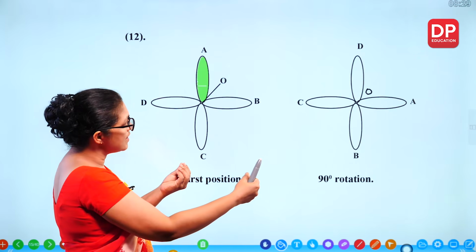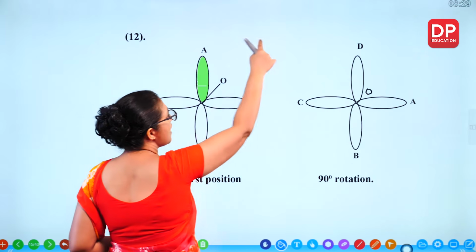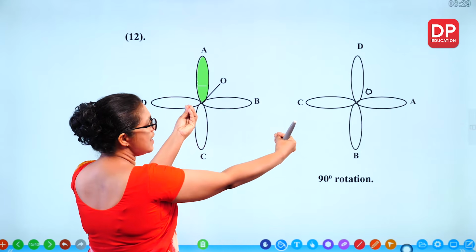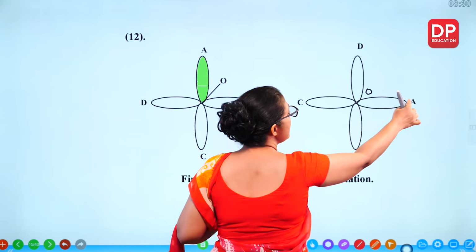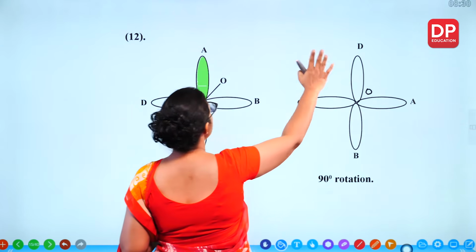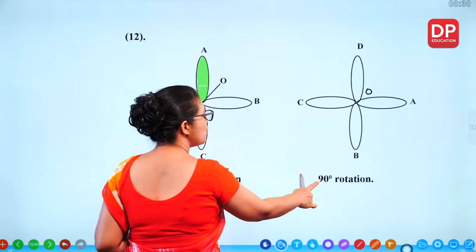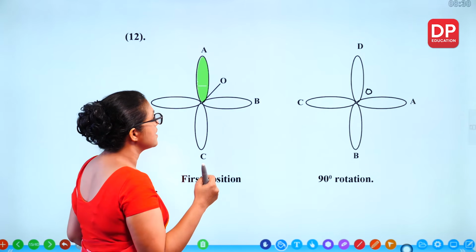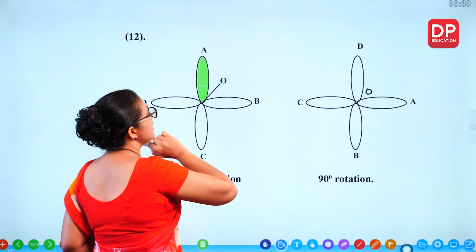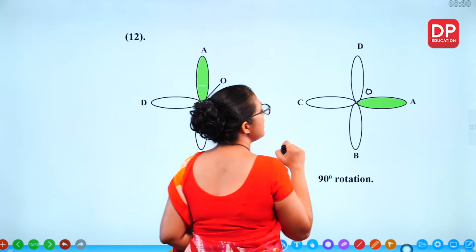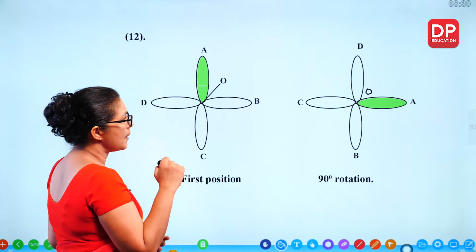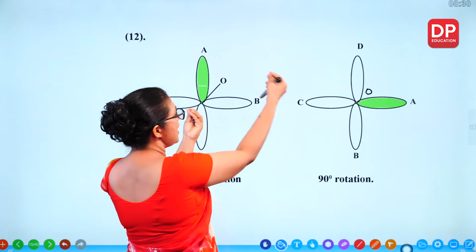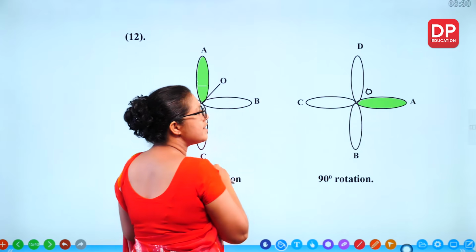A comes here. So this whole thing rotates like this, and A, B, C, D are the new positions when you rotate 90 degrees clockwise. So this petal comes here. From the original position, when you rotate 90 degrees, you get this.